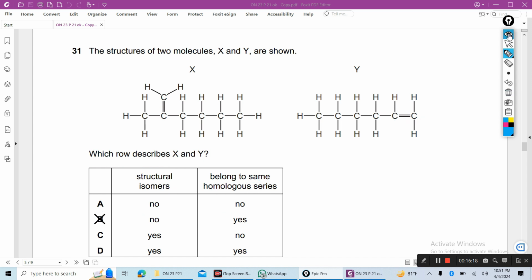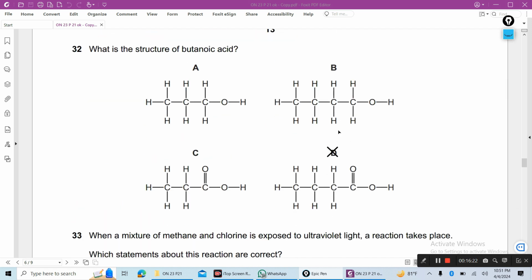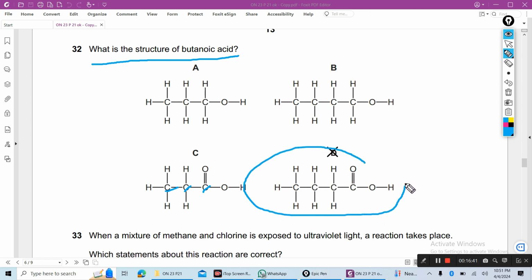Now number 32. What is the structure of butanoic acid? Butanoic acid has 4 carbons. This one, 1 2 3 carbons, is propanoic acid, and D is the correct answer, butanoic acid. This is the carboxylic acid functional group, COOH.